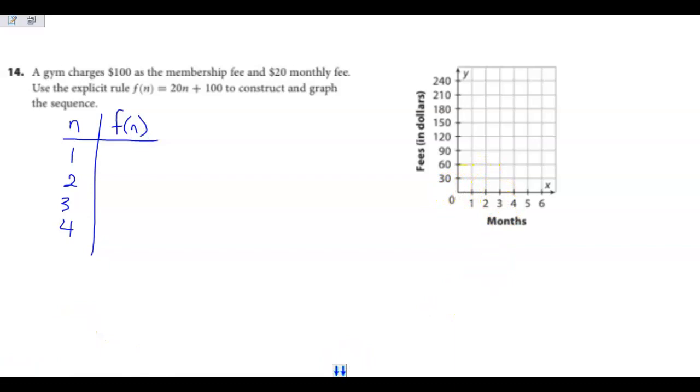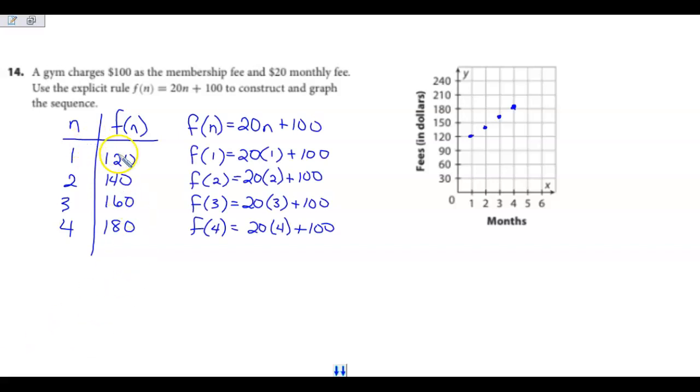Come back in a moment and you can check your answers against mine. So you should have found the first 4 terms. The first 4 terms are 120, 140, 160, and 180. And when you graph these ordered pairs, you should get a series of disconnected dots on a graph, not a line, that looks just like this. If you have any questions, please make sure you see your teacher. Thank you.